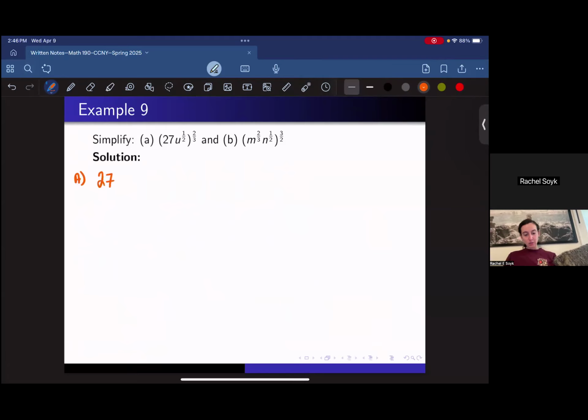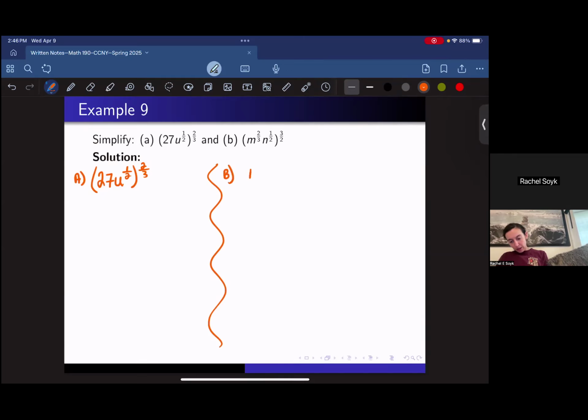First one, we have 27u to the 1/2 raised to the 2/3. And then our second example, we have m to the 2/3 n to the 1 over 2 raised to the 3 over 2.